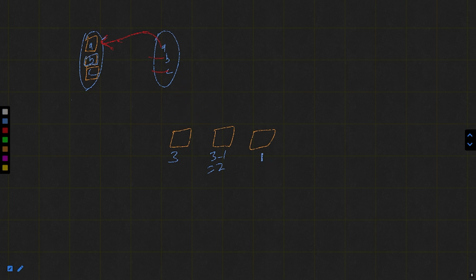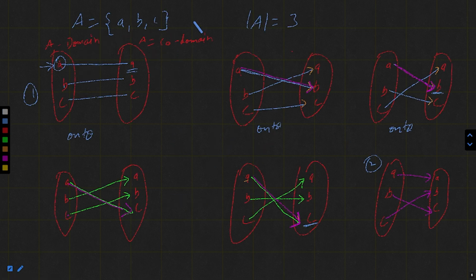So just multiply them: 3 times 2 times 1. The answer will be 6. So whenever you have a 3 element set, the number of onto functions will be 6.